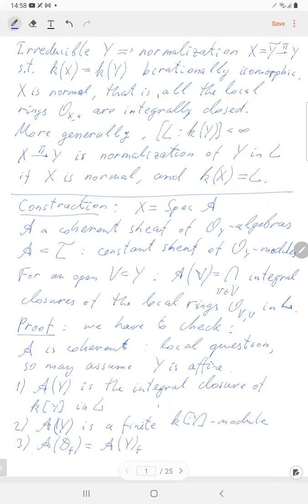And finally, we have to check that the spectrum of A of Y is normal, or in other words, A of Y is integrally closed, and its field of fractions is our field L.